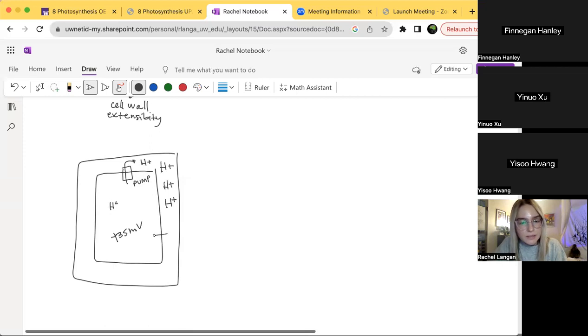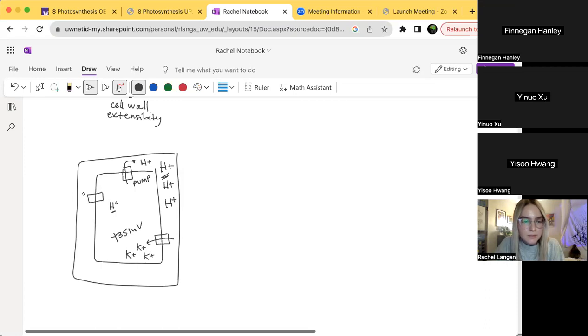So that's going to activate hyperpolarization-activated potassium channels. That's going to cause potassium to come in, which increases the solute concentration, decreasing solute potential. And then also the pump's activity has created high hydrogen out, low hydrogen in.